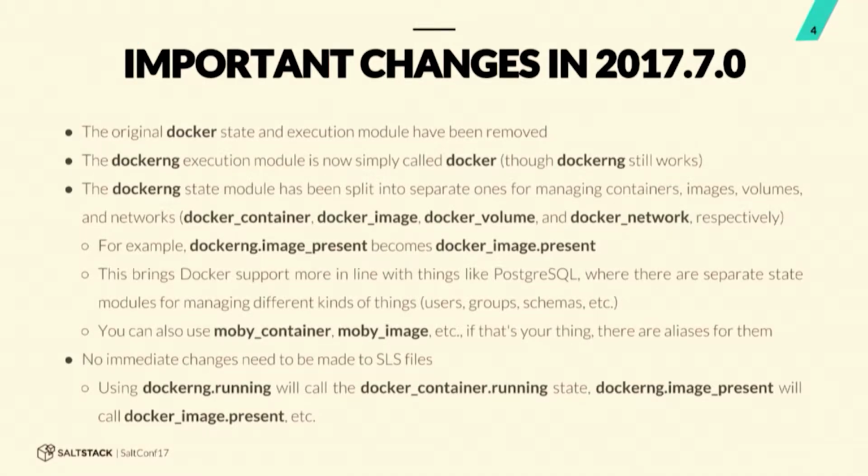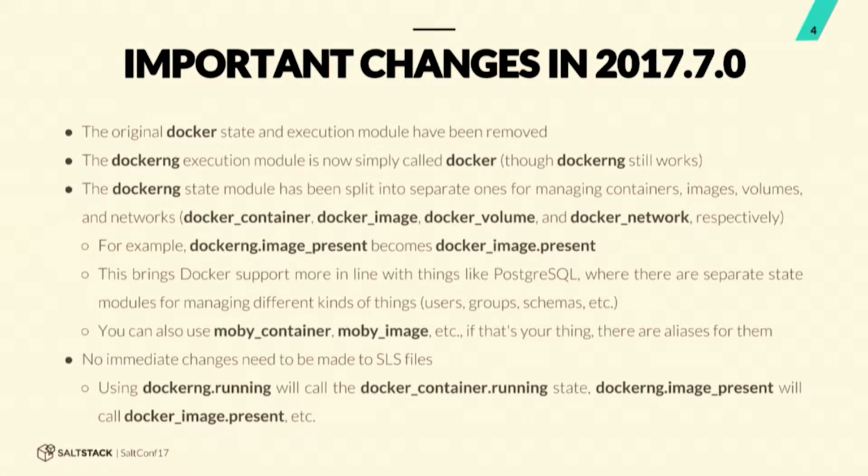The states, we've actually broken those up because when the state module was written, it just handled containers, and then images and volumes and networks were added later. And that kind of put Docker management out of sync with how we normally handle things, like Postgres, MySQL and a few other things that we manage with Salt, where you have a bunch of distinct types of things. Each of those types of things has their own state module.